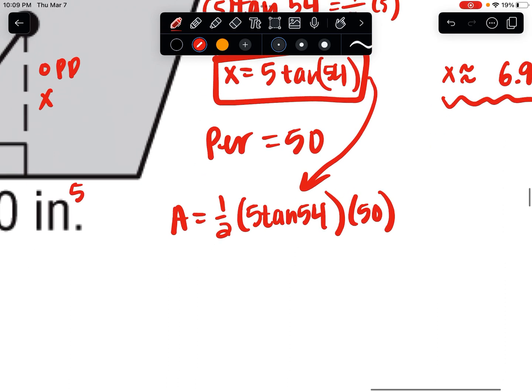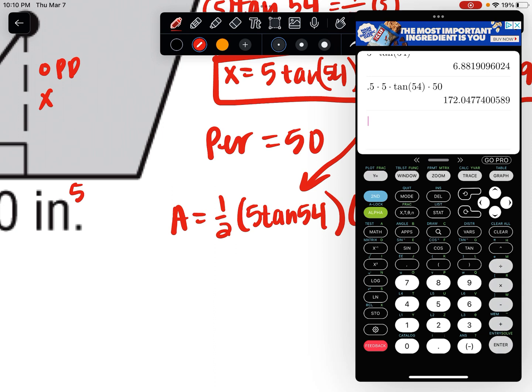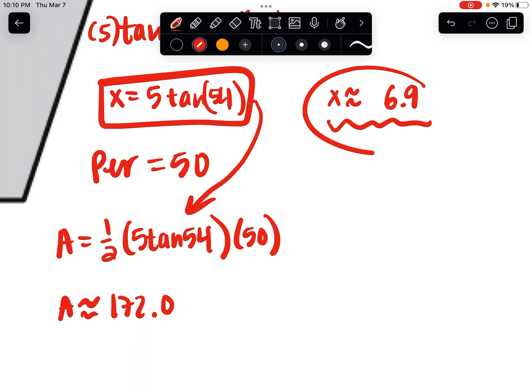Perimeter is 50, so we could multiply these two, or we could just put this all into our calculator right away. We could say 0.5 times 5 times the tangent of 54. Make sure you close that parentheses before you multiply that 50. You get 172.04. So the area is approximately 172.0.